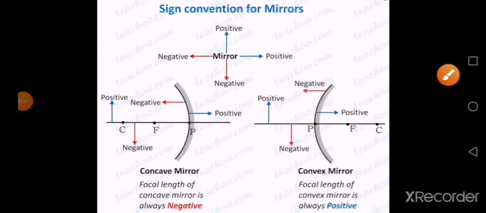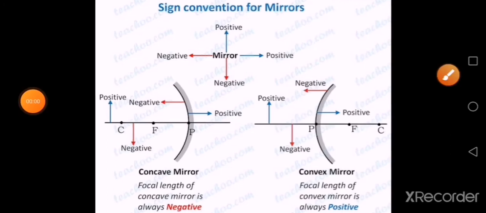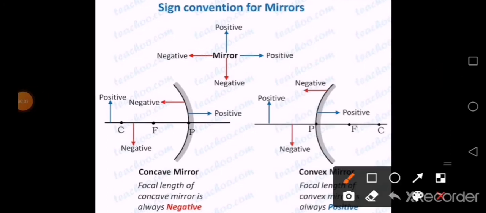Now, when you come to sign convention for mirrors, we are following the Cartesian sign convention. Accordingly, we have certain rules to be followed. Let us see what are the rules. The first rule is that whatever distances you are measuring will be measured from the pole only.